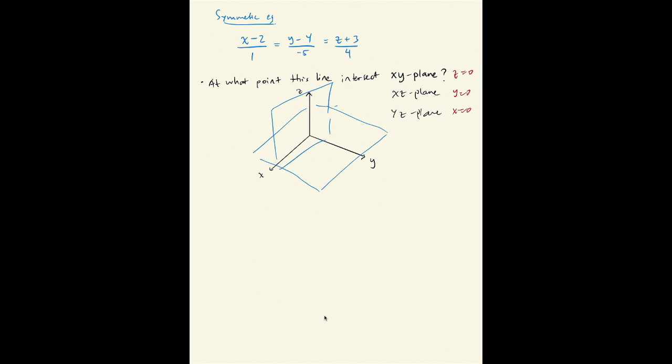So back to the question: at what point does this line intersect the xy plane? So we have the symmetric equation, right? So let z equal 0. Let me write all the symmetric. So z equals 0, right? So it's 3 over 4. So first, x minus 2 is 3 over 4. X is what? 11 over 4.